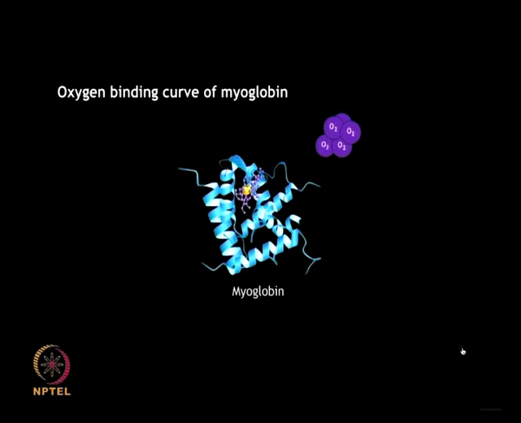Myoglobin functions largely as an oxygen binding protein that stores a reserve supply of oxygen in muscle tissues, while hemoglobin serves to transport oxygen.